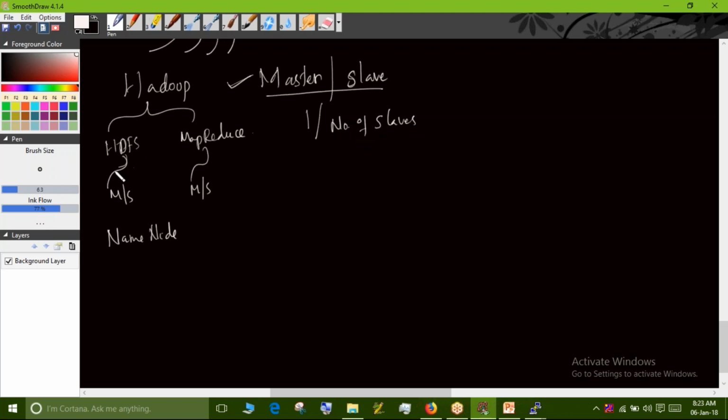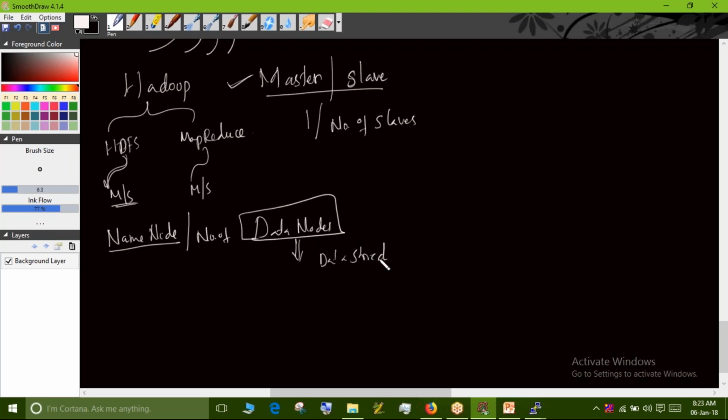Even when you come to HDFS, as this is master slave architecture, there is one master that is called name node, and we have a number of data nodes. Data nodes are the actual nodes where data is stored.